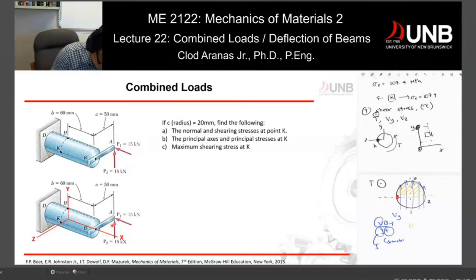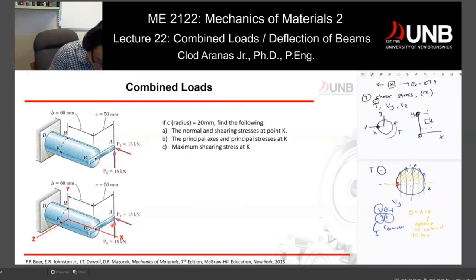But the problem here is our Q. Remember, our Q is equal to the area times the, I can call it X, but your X is the distance of centroid to the neutral axis. So that's your X, the distance of centroid to the neutral axis, which means I have to get the centroid of my circle, which should not be a problem as long as you have an equation for that.